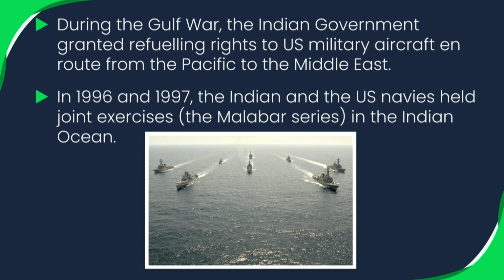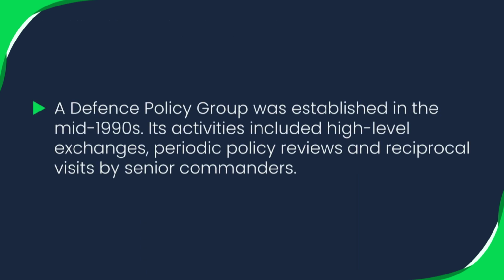In 1996 and 1997, the Indian and United States navies held joint exercises in the Indian Ocean. A defense policy group was established in the mid-1990s. Its activities included high-level exchanges, periodic policy reviews, and reciprocal visits by senior commanders.